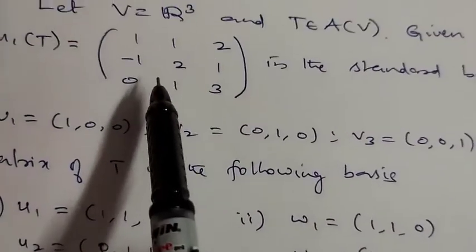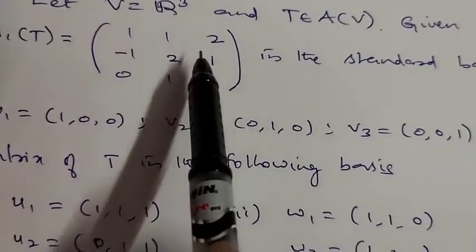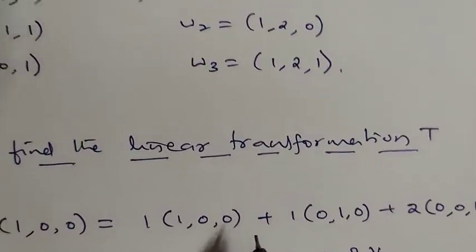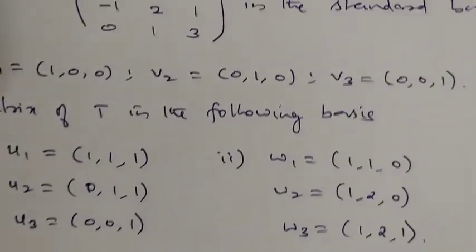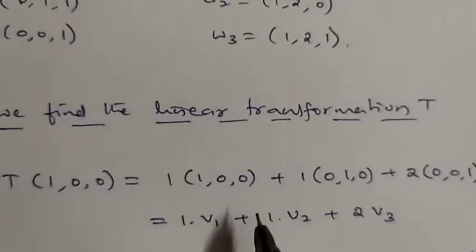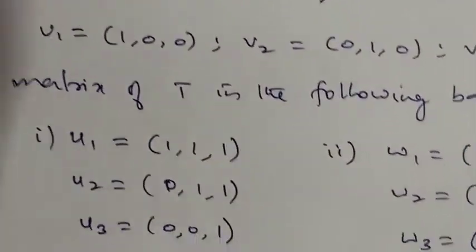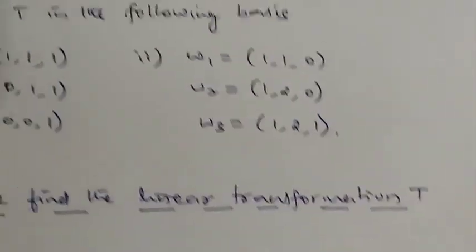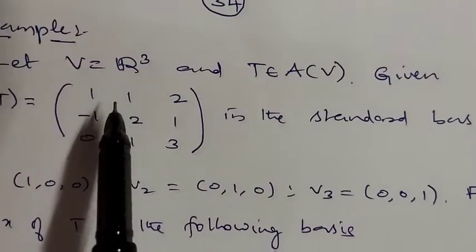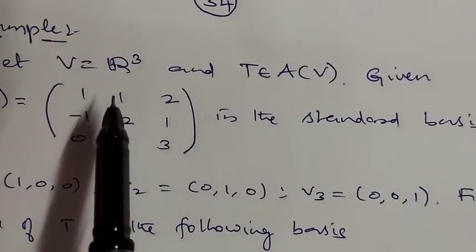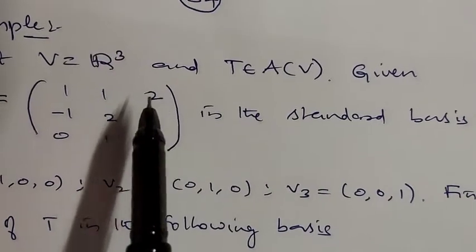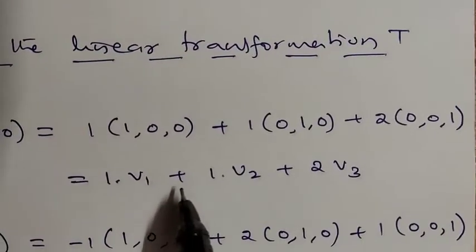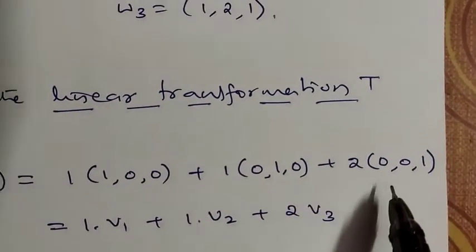These are the coefficients, the alpha i's. Therefore this can be written as 1 into V1, 1 into V2, 2 into V3.